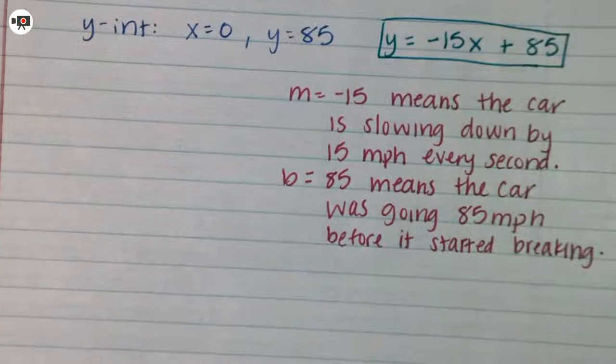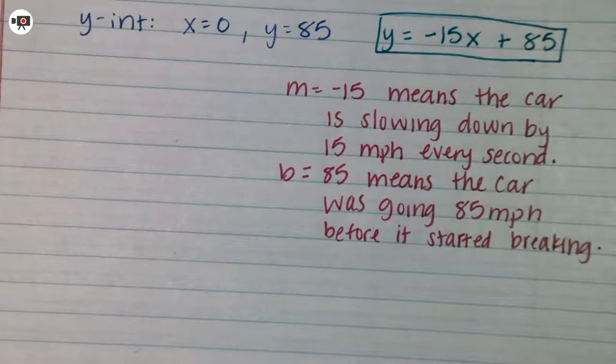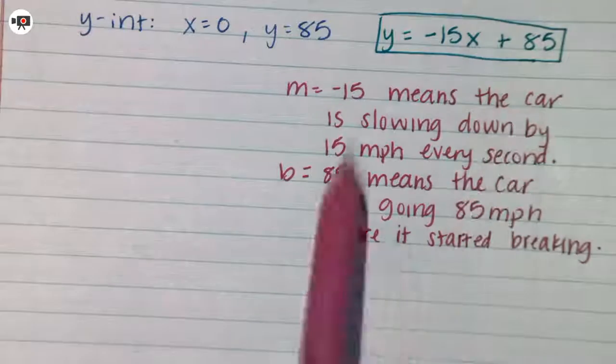Or at the point that they just started hitting the brakes, they were going 85. I don't know what they were doing before they hit the brakes, but right when they hit the brakes, that very second they started that, they were going 85 miles an hour. So all of this is part of your answer as well.